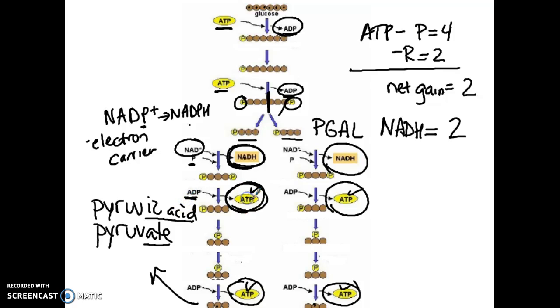So if I have 4 ATP products, I can guarantee I have 4 ADP reactants. So it's not really something you have to clog your memory with. These are the things that are probably the most important. And then the other molecules, by default, you can kind of figure out instead of memorizing double the amount of molecules.